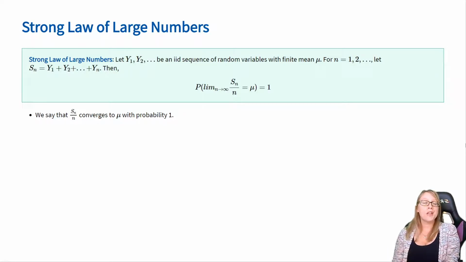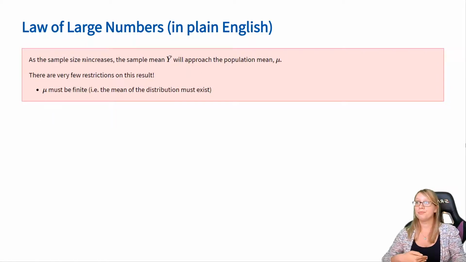So not only do we expect that it should be about mu, but as we take larger and larger samples, we will converge on that population mean mu. This tells us that if we have a large sample, we should be really close to that population mean mu.